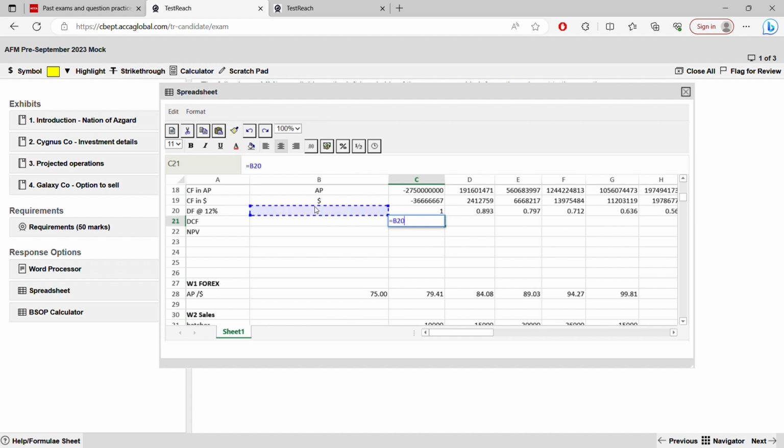okay, all these are dollars, right? Now, you just need to multiply this with this. Enter.